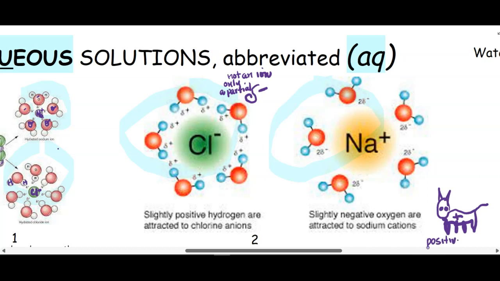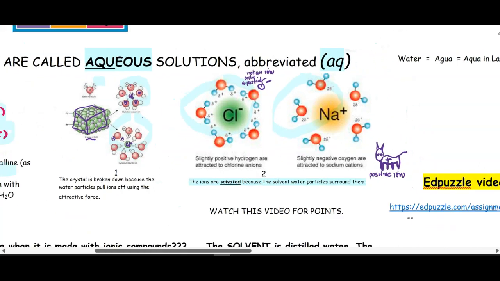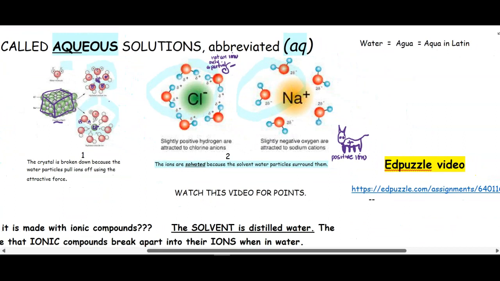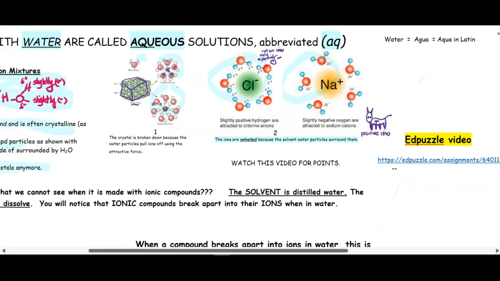A negative ion is called an anion, but it's not as fun a word. All right. So this is what's happening when you dissolve something. When you dissolve something, it becomes solvated. All right, solvated. I know there's so many terms.